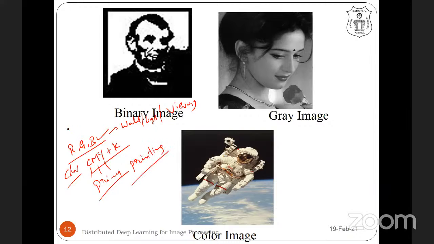RGB are known as additive colors, and these are known as subtractive colors, but I have forgotten the reason why they are known like that. So both are primary colors, but RGB with respect to viewing purpose, and CMY with respect to printing. That's why we never have RGB colors as part of a printer.